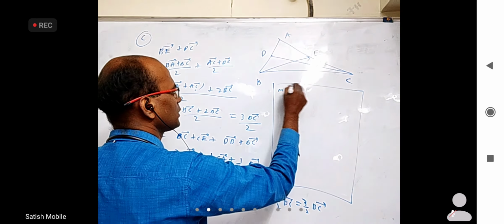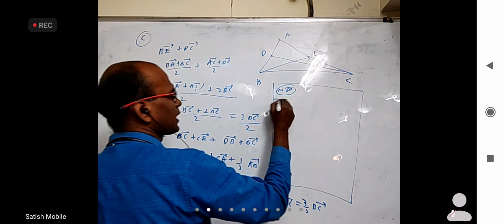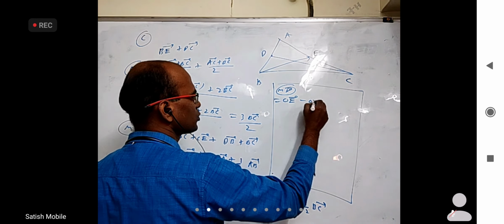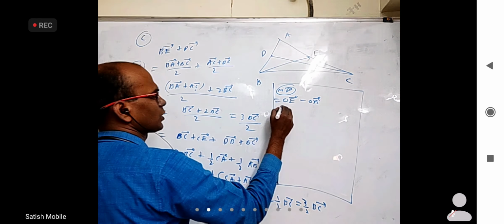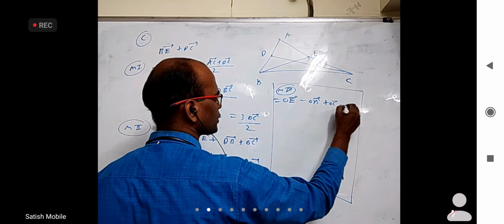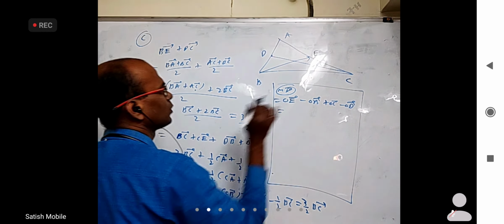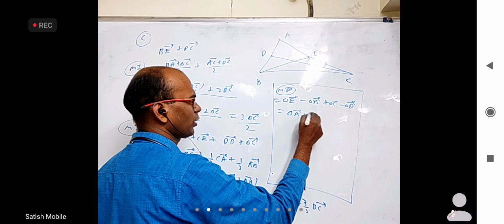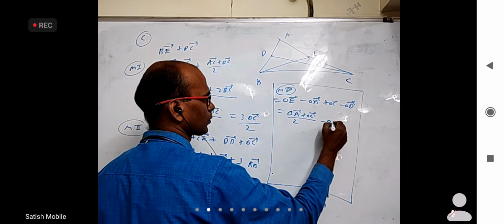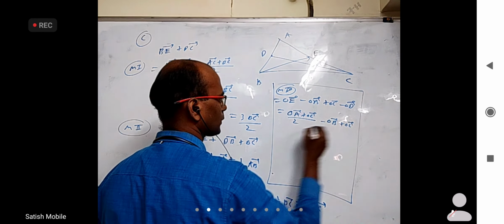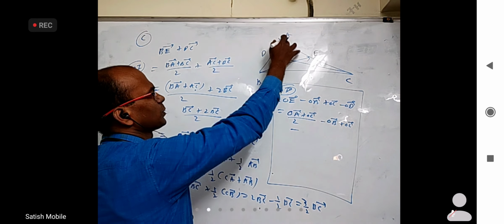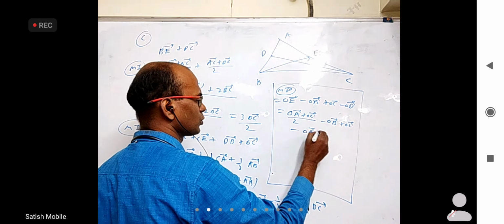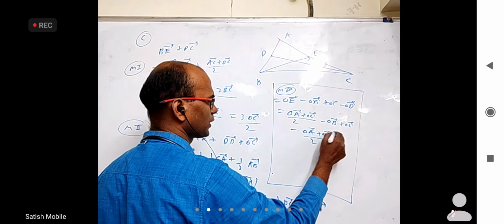Method 3, BE you can directly write OE minus OB. DC you can write OC minus OD. What is OE? Midpoint of A and C. You can write OA plus OC by 2. Quiet please. OD bar is the midpoint of A and B. So minus OA plus OB by 2.